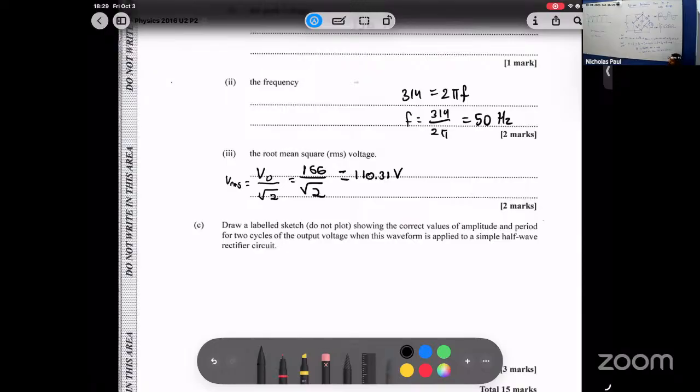Draw the output, please. It's an applied simple half wave. Draw the half wave. How do you draw a half wave rectified? Oh, the graph.